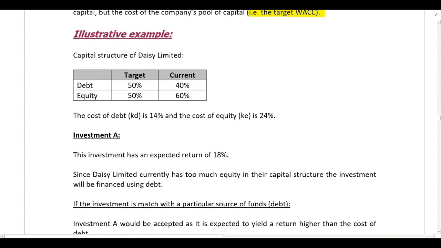Let's look at the example below. You've been given the capital structure of Daisy Limited. First, we have their target capital structure. So remember, guys, the target capital structure is just their optimal capital structure.